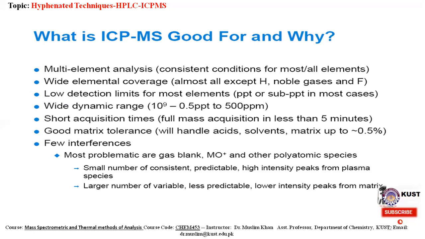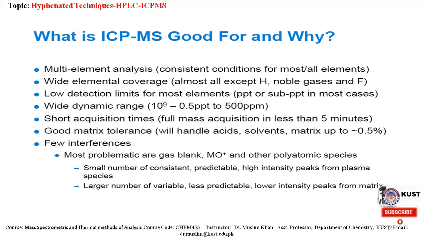This unique capability makes the technique very attractive compared to other trace metal techniques, such as electrothermal atomization (ETA), which is limited to the determination of trace levels, flame atomic absorption, or inductively coupled plasma optical emission spectroscopy (ICP-OES), which are traditionally used for the detection of higher concentrations.